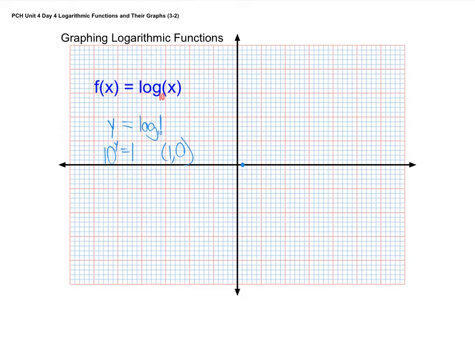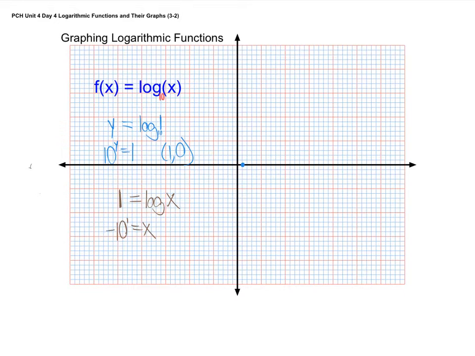Another point. What's another point that we could have in this case? 10, 1. If I make log base 10 of x equal to 1, then if I rewrite that as an exponential, it says 10 to the first has to equal x.